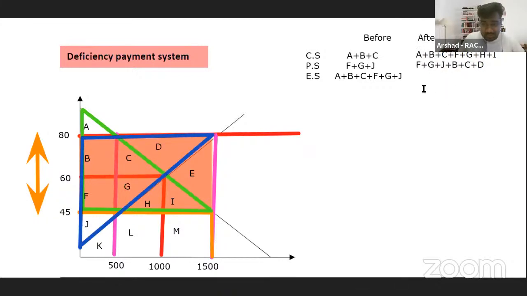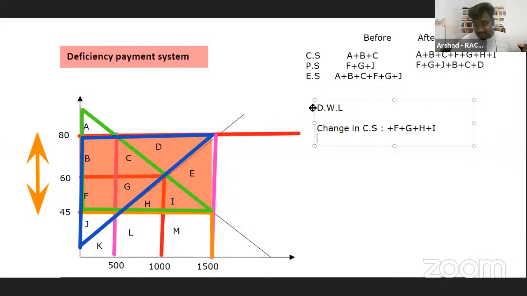I'll not do this. Let's look at the deadweight loss. Can you all tell me the change in consumer surplus? Give me numbers now, not letters. What is the change? Earlier it was A, B, and C. What is the change now? He has got F, G, H, and I. So he has got a plus F, a plus G, a plus H, and a plus I. Government is purchasing the excess to give the producers the guaranteed price.